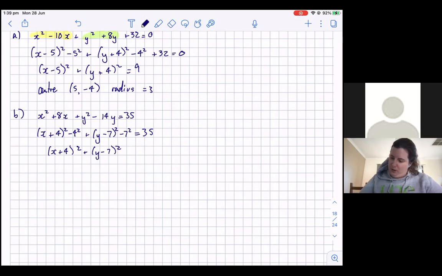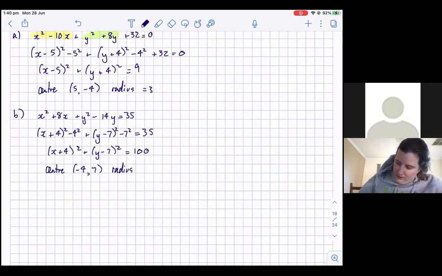So we're going to have take 65, but I'm going to want to add that on, move it over, add it on to the 35. It's going to come out as 100. So we've got the center as negative 4 comma 7, radius 10. Okay, question C.